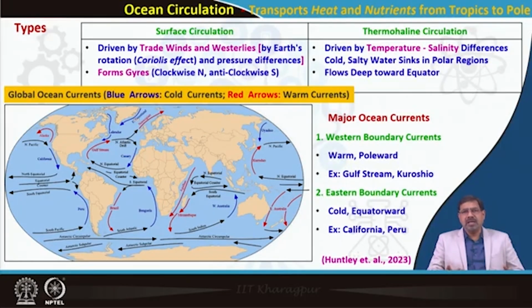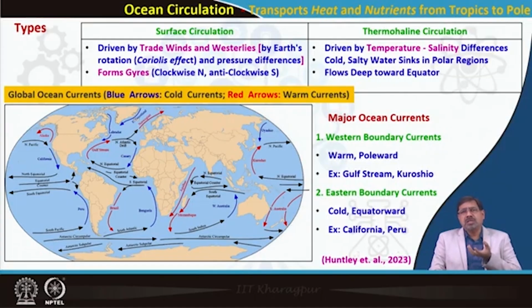Then coming to type 2, the thermohaline, it is based on the temperature and the salinity gradient, along a higher to lower, so temperature and salinity differences. Friends, cold salty water sinks in the polar region. As all of us know, the polar regions are cooler than the equatorial region. So, in the polar region, the water is cold and more salty.